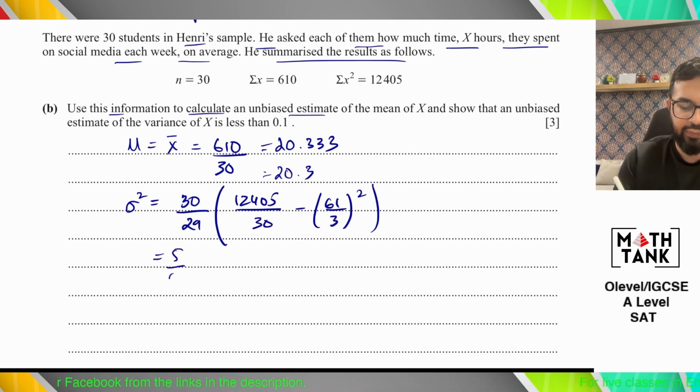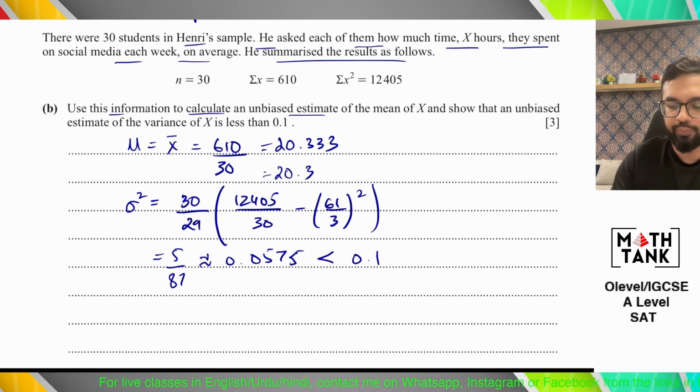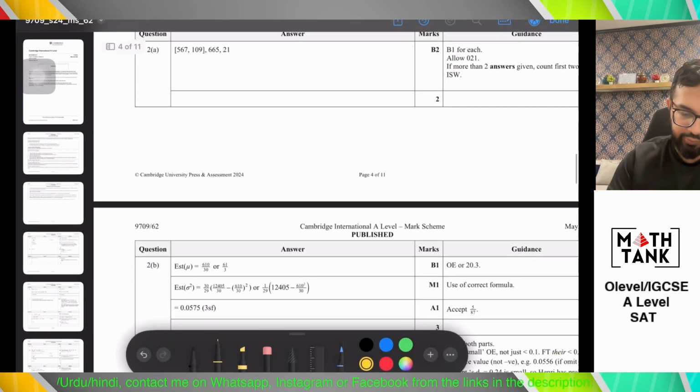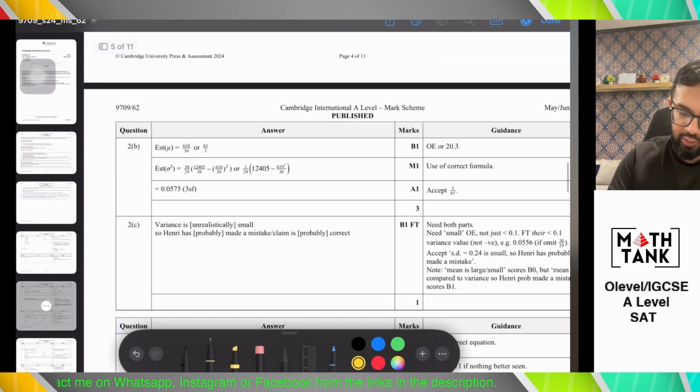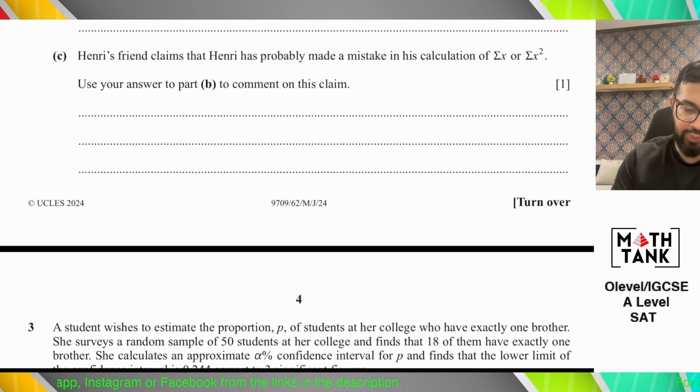That gives 5 over 87, which rounds off to 0.057475, which is less than 0.1. Okay, that's shown. Let's move on to the next question.